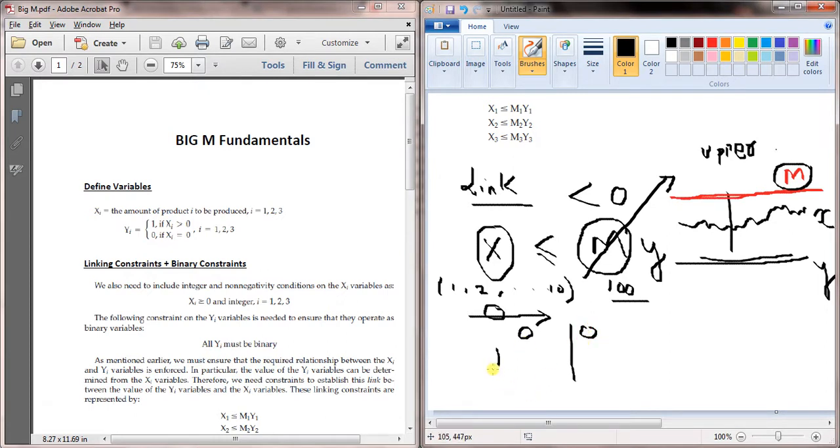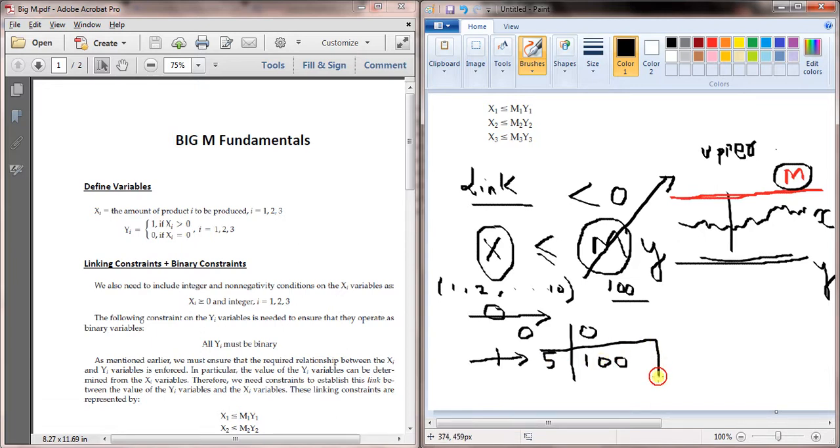Now let's say x is produced and has a value 5. It can be random, anything between 1 to 10. If x is greater than 0, y is 1. So when y is 1, then m is 100. In that case, the RHS would be 100.